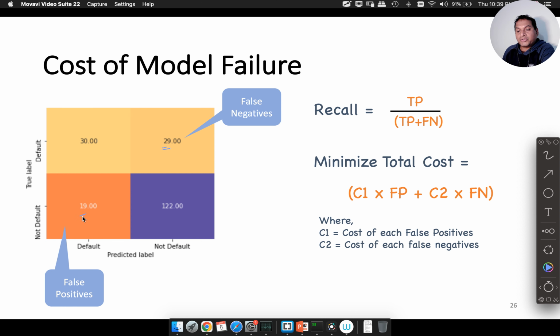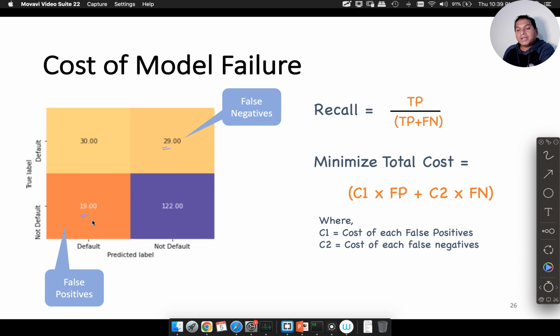Whereas a false positive means the model has predicted the customer will default on the loan, hence the loan application is rejected, but the customer would actually not have defaulted and would have paid back the loan. There is also a cost associated with this, which is an opportunity cost for the bank.